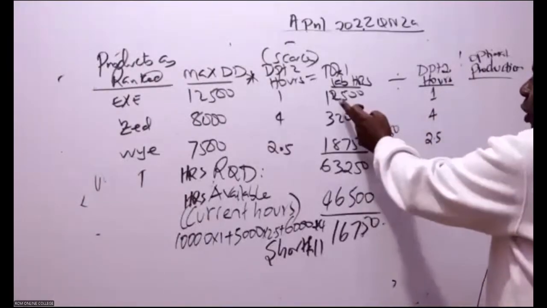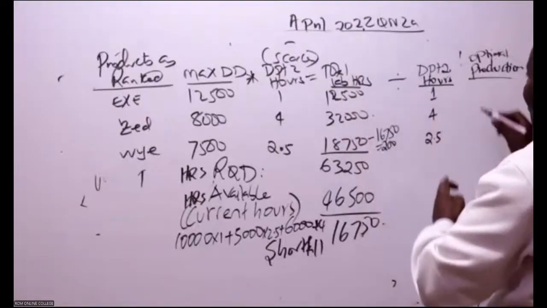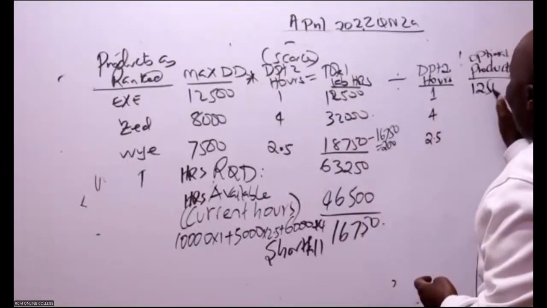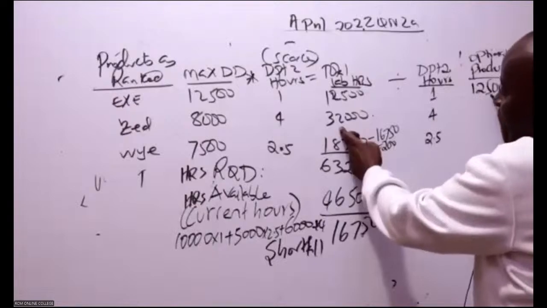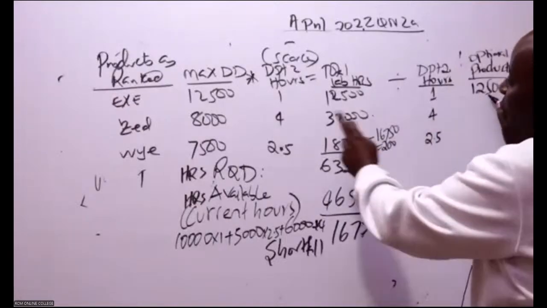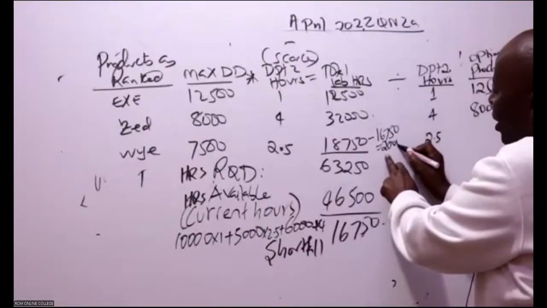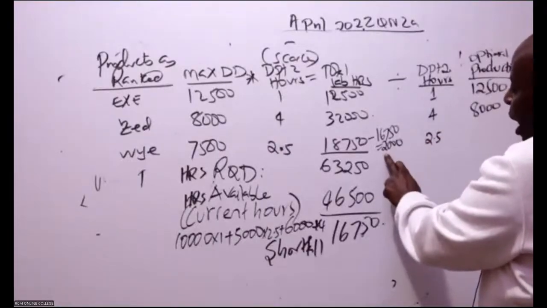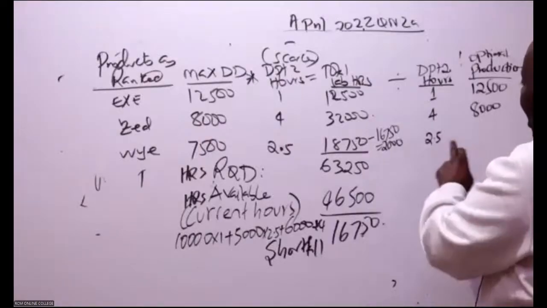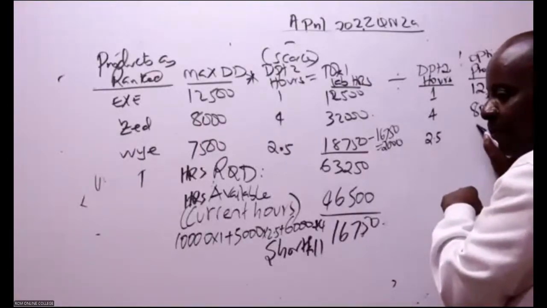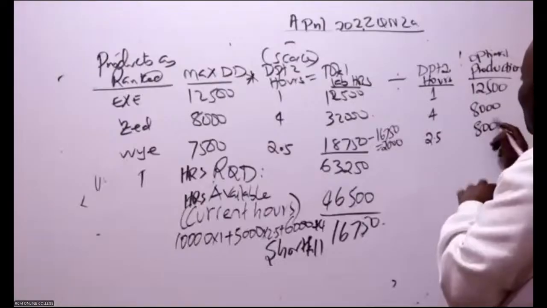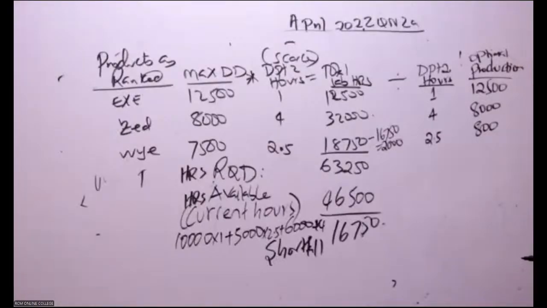The first one will be 12,500 divided by 1, so for X I produce 12,500. This will be 32,000 divided by 4, which gives 8,000. This will be 2,000 divided by 2.5. How much am I getting here, ladies and gentlemen? 800. If you do it this way, you'll never confuse.